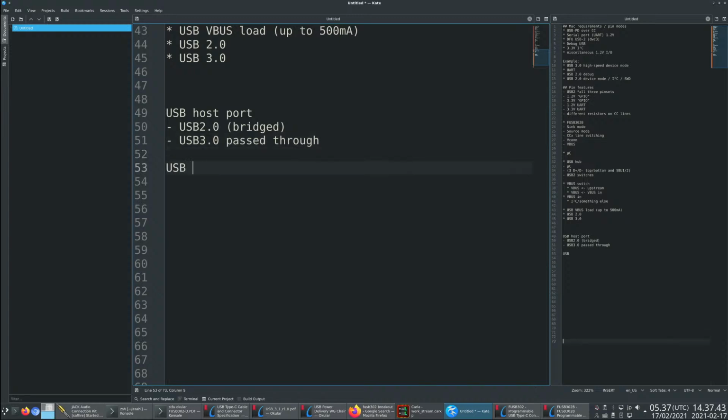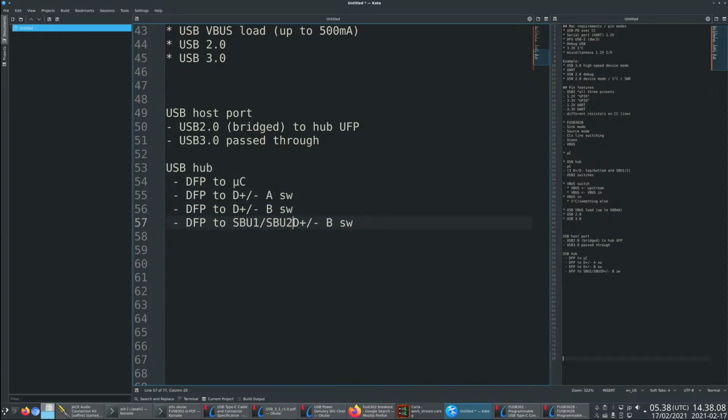Then we're going to have a USB hub, which has the following 4 ports. We're going to have a DFP to the microcontroller, DFP to the A switch, DFP to the SPU1, SPU2 switch, and the B switch.